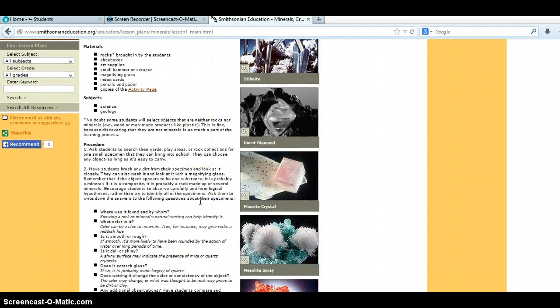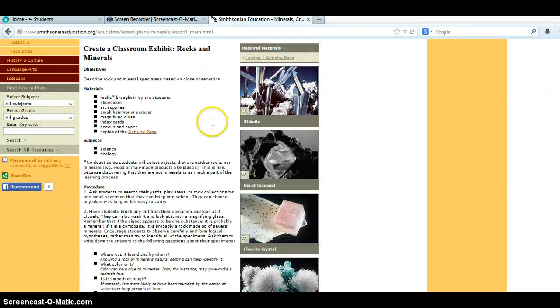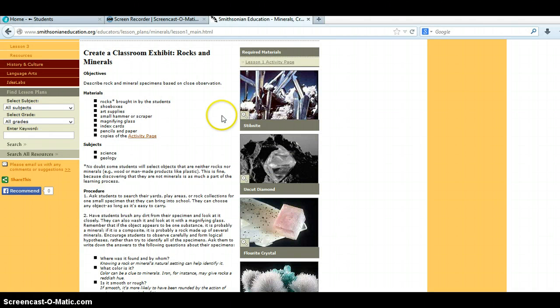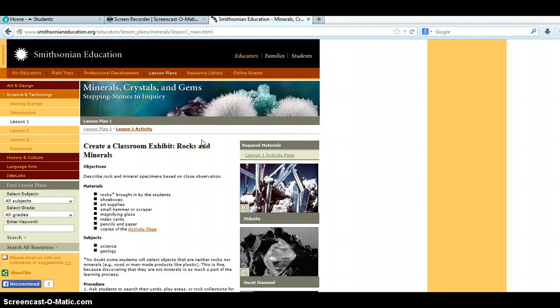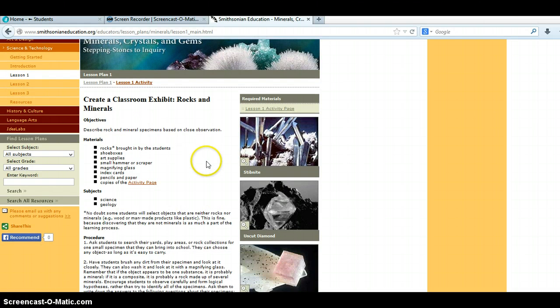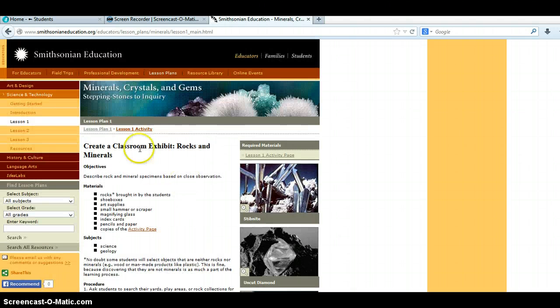So I think that even though this may say 3 to 8, I think there are several lessons in this website that it may be for a higher level, but you could modify it to your liking if you have a lower level grade. Like, for example, they may not be able to write their descriptions of their rocks, but you can help them identify the way the rock looks, things like that.